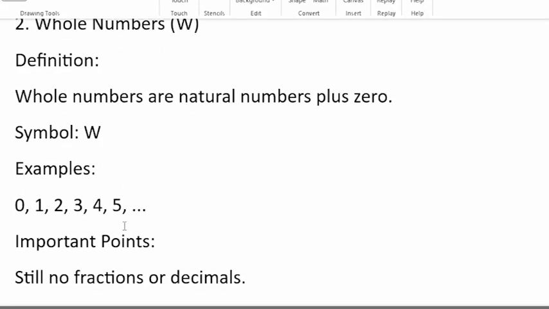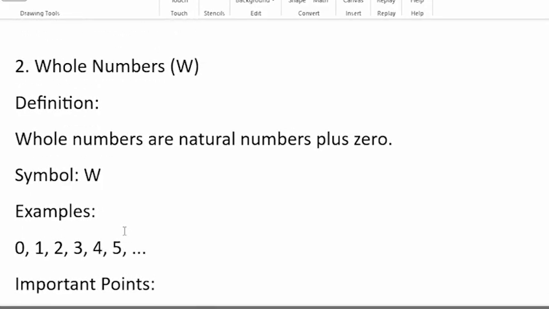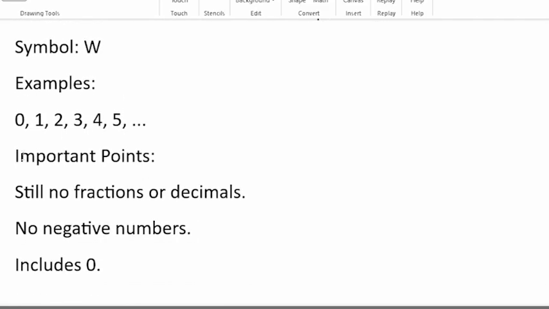The second type of number is the whole number. What is a whole number? Definition: whole numbers are natural numbers plus 0. Symbol W, and example 1, 2, 3, 4, 5, 6. Important point: still no fractions or decimals, and no negative numbers are included in whole numbers.